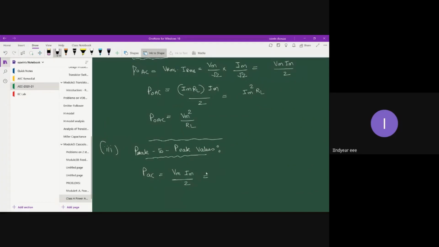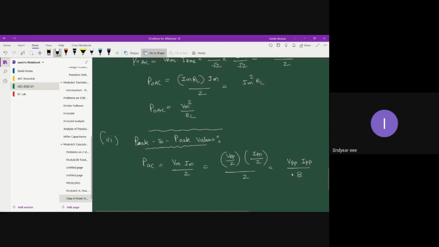Now, what is Vm? Vm is basically half of the peak-to-peak voltage value, right? So it is Vpp divided by 2 into Im, which is half of the peak-to-peak current value, divided by 2. 2 into 2 is 4, and this 4 comes to the denominator and becomes 8. So 8 stays in the denominator, and in the numerator you will have Vpp and Ipp. So this is the expression for power in terms of the peak-to-peak values.